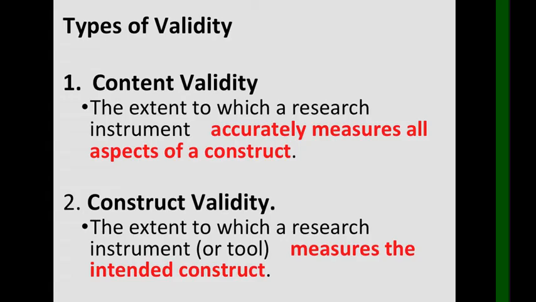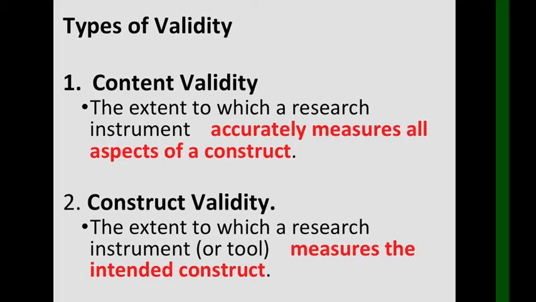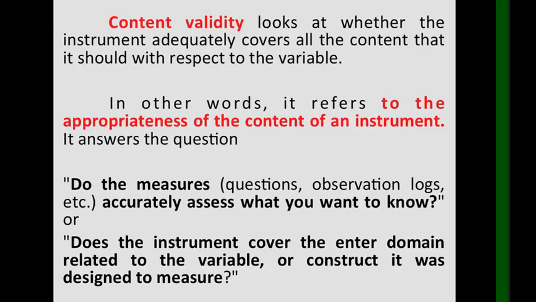While kapag construct validity, mini-measure nito yung intended construct naman. Intended na construct. Okay. The third is what we call the criterion validity, the extent to which a research instrument is related to the other instruments that measure the same variable. So, itong tatlong ito, content, construct, and criterion, ay i-discuss natin ng detalyado sa susunod na slide.